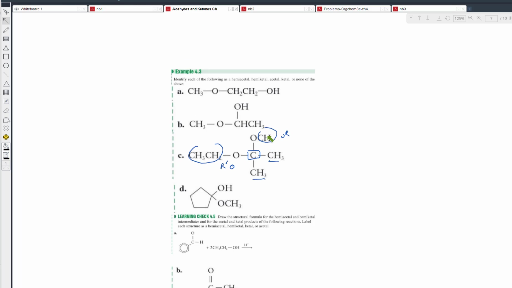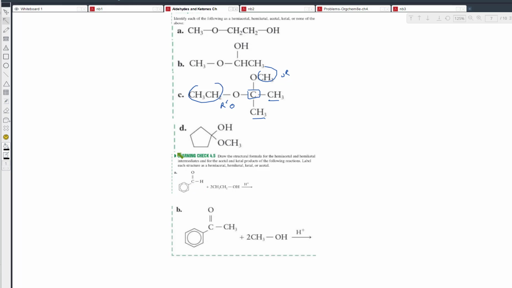It's very simple. If it is hemiacetal, then the carbon which has OH and OR group has at least one hydrogen. If both sides you have carbon, then it is ketal or hemiketal. So this is hemiketal.